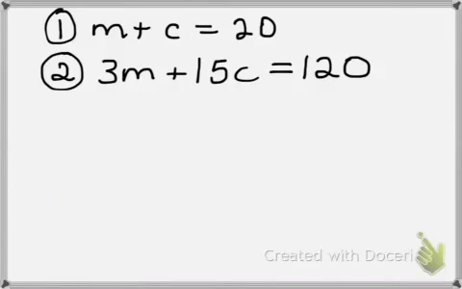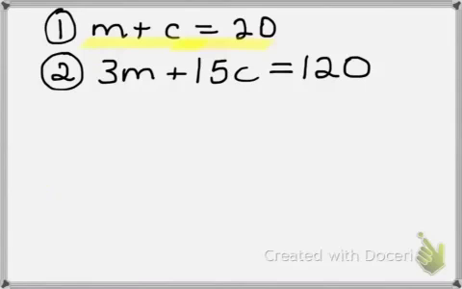Do we see which coefficient we might want to multiply in this case? I don't think we're going to need to multiply two equations because as we can see in our first equation, we have 1's as the coefficient in front of both m and c. So let's choose a variable that we're going to solve and we're going to multiply equation 1.